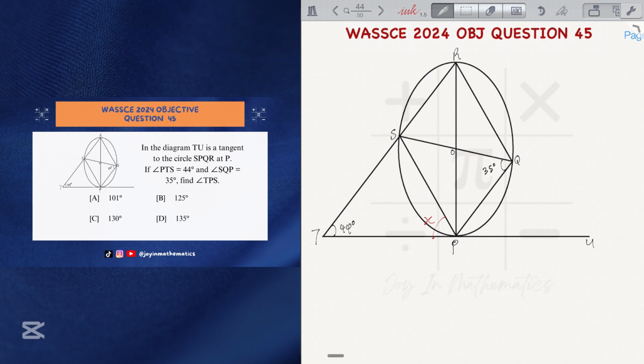Now the question is, how do we even get this angle? Of course, we understand that angle UPR is equal to 90 degrees, because this is the relationship between a radius or a diameter of a circle with a tangent.